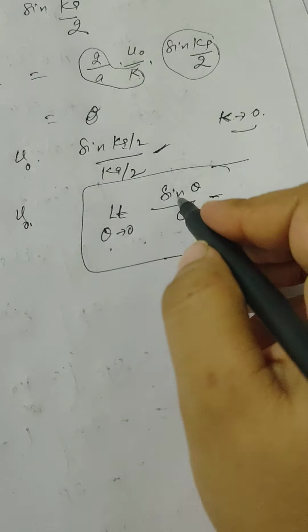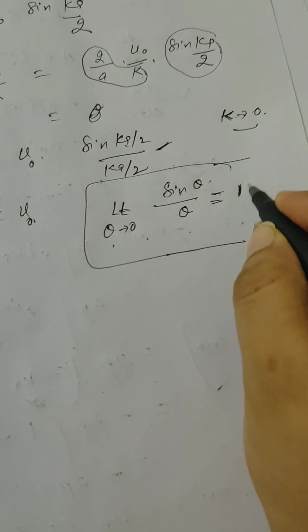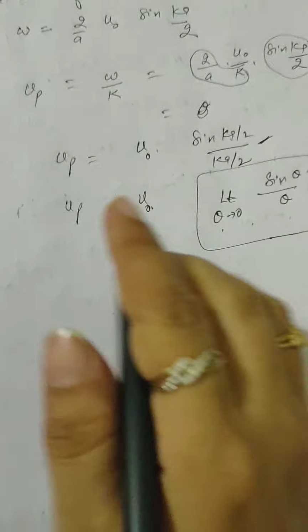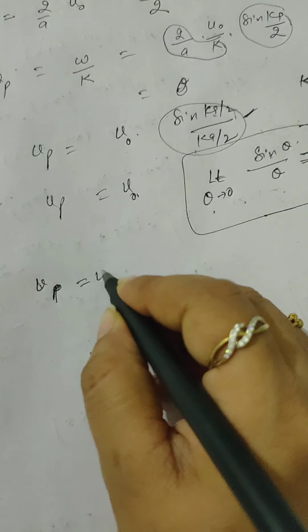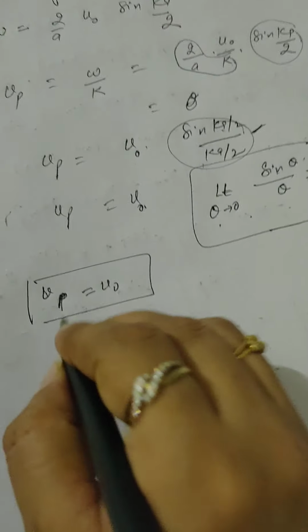You know this very well from mathematics: when theta tends to 0, sine theta divided by theta becomes equal to 1. So this whole factor becomes equal to 1, and vp becomes equal to v naught.